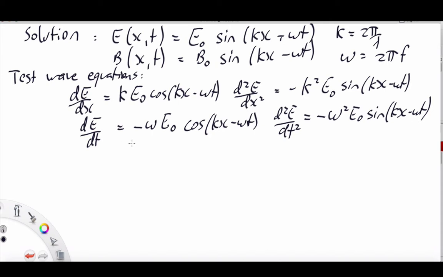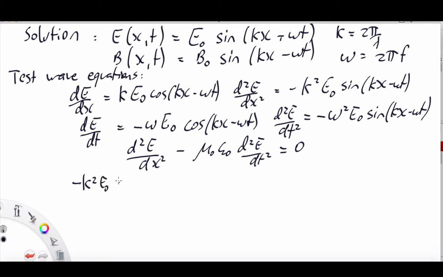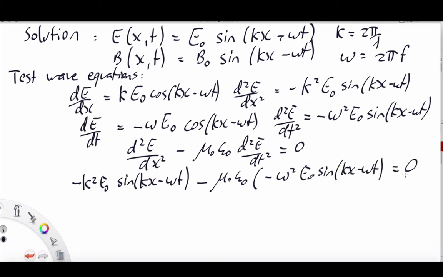So we want to test that this fits the equation d²E/dx² minus μ₀ε₀ d²E/dt² equals 0. So let's put that in. d²E/dx² is minus k²E₀ sin(kx minus ωt), minus μ₀ε₀ times minus ω²E₀ sin(kx minus ωt) equals 0.